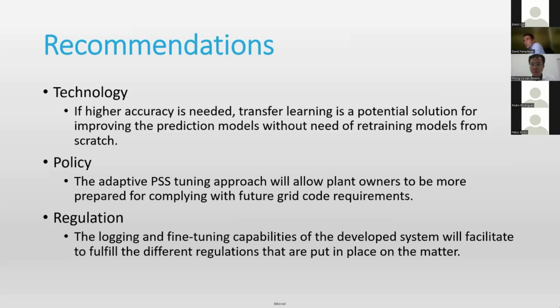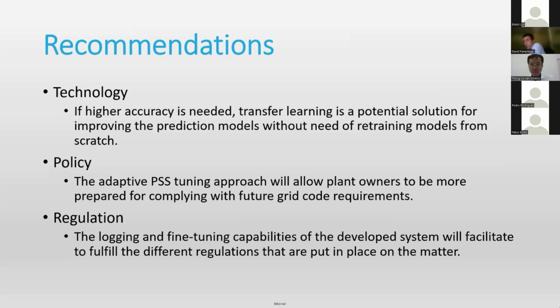Then with respect to policy, as already introduced at the beginning, this adaptive PSS tuning approach will allow the plant owners to be ready to comply with future requirements. And with respect to regulation, the logging and fine-tuning capabilities that we will have with this system that we have deployed will facilitate fulfilling the different regulations that are put in force also in the future.